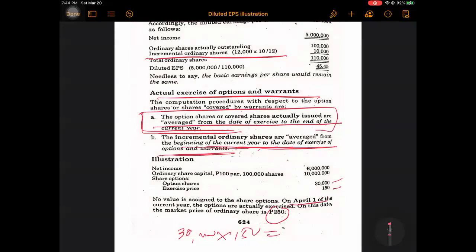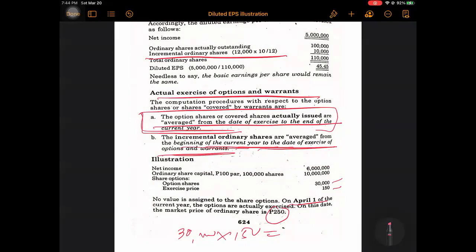But in the previous problems, the first case, it is assumed that they were outstanding at the beginning of the year, or converted at the beginning of the year, for the incremental ordinary shares. Not unless they were issued during the year.